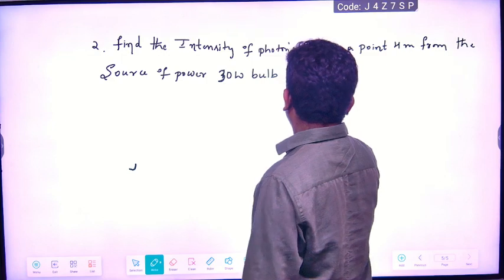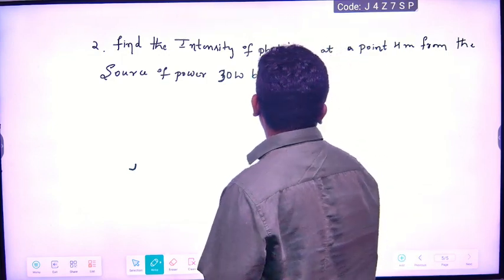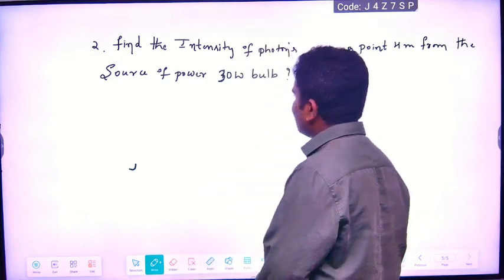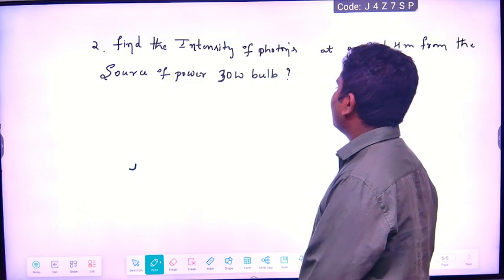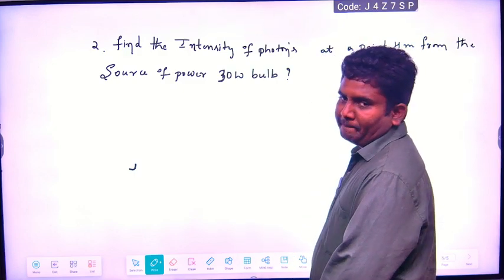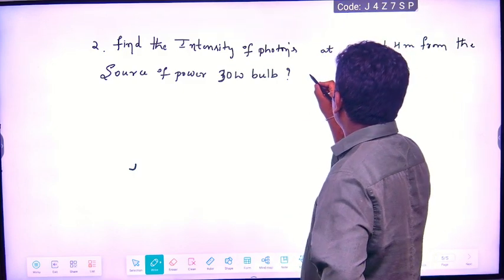Okay, this one question. Find the intensity of photons at a point 4 meter from the source of a power of 30 watt bulb. Next question.